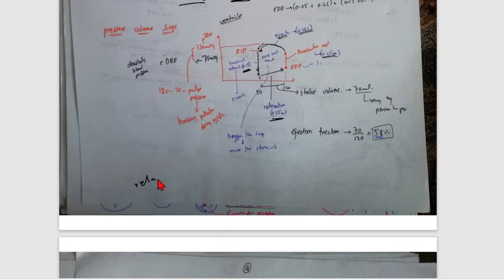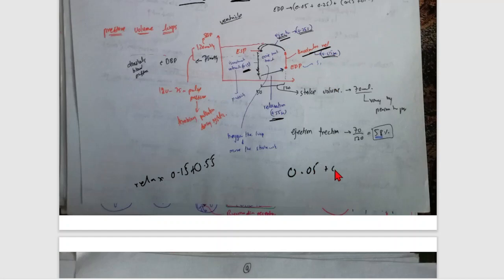So relaxation is actually 0.15 plus 0.55, if you calculate it, it is 0.70 something.